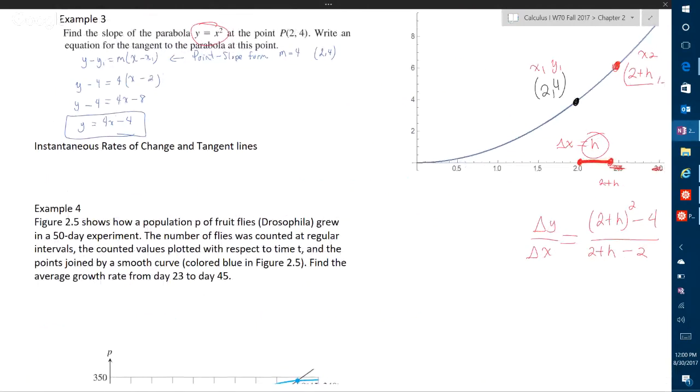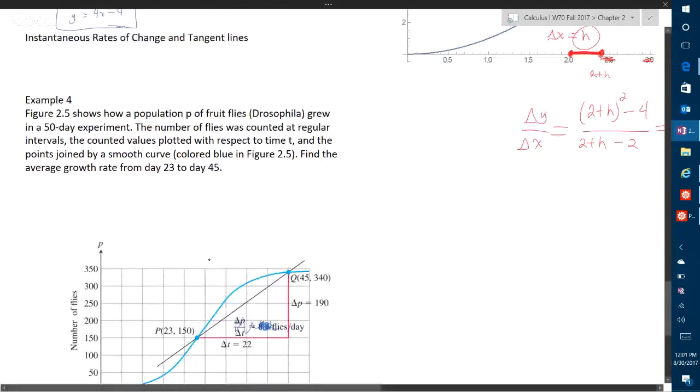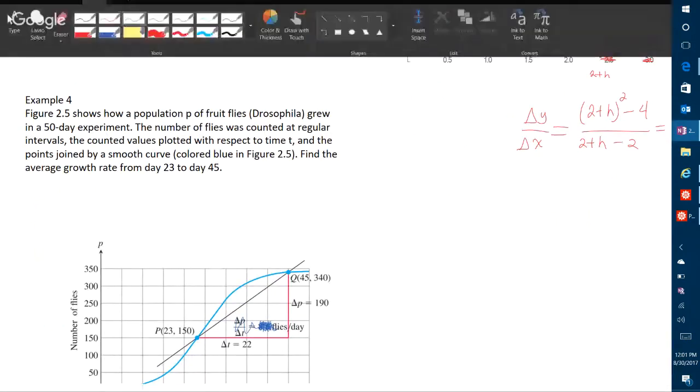I'm going to read example 4 so we can take a look at it. All right, so you've read it by now.